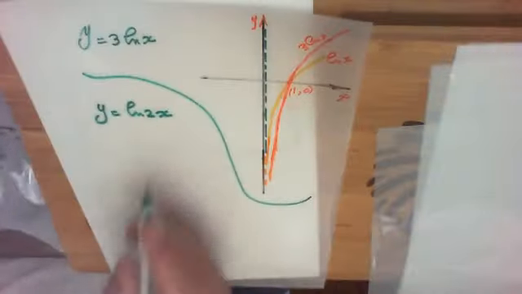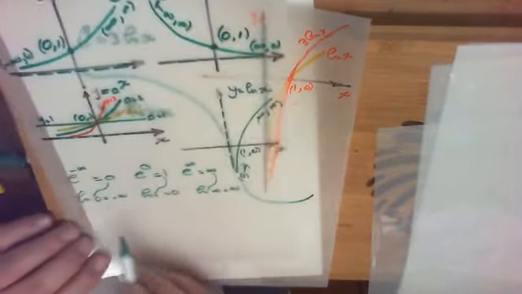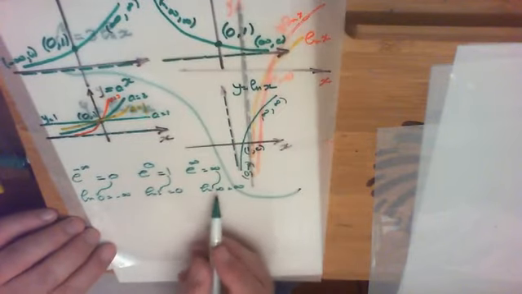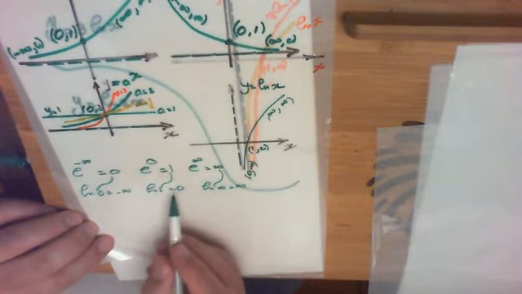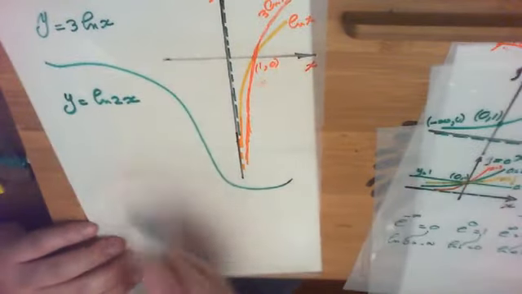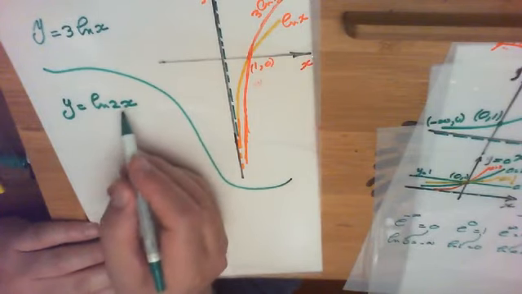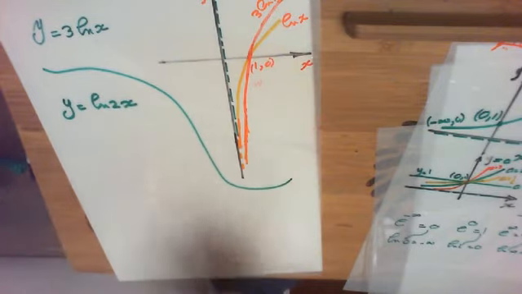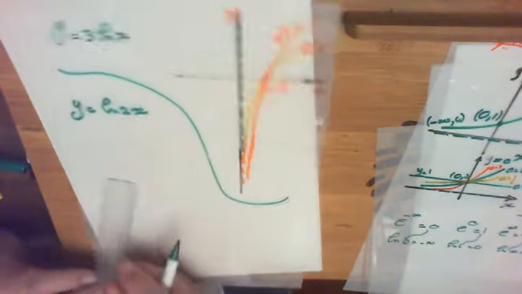Now it is replaced by half. So I ask you always to keep these values in your mind. If the argument of ln is 1, the value of ln is 0. Now the argument of ln is 2x. If 2x is 1, ln 2x is 0. 2x is 1 if x equals half. So instead of (1, 0), it will be (half, 0).